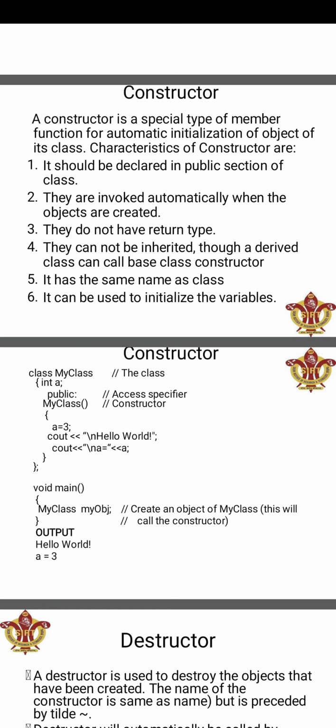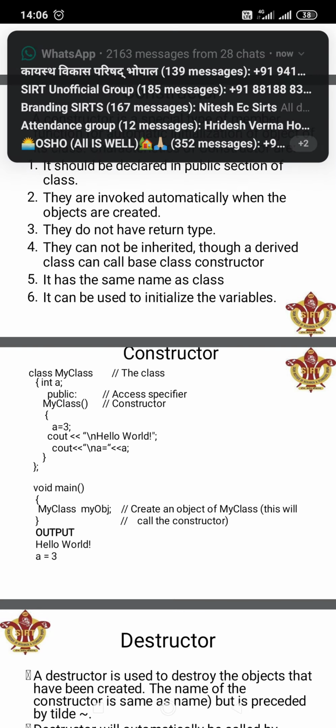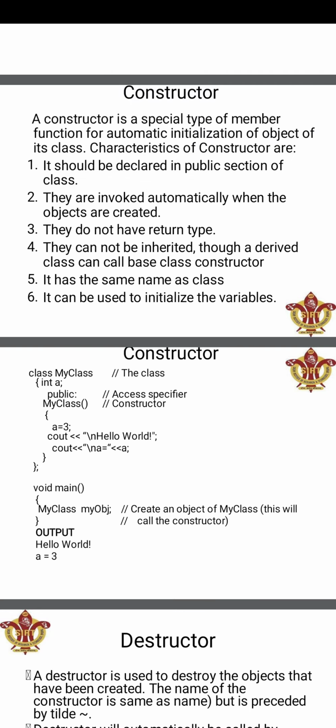If we are using it, then the constructor which we have defined will be utilized, and if we are not defining any constructor, then the compiler will automatically provide one default constructor. So there are basically two purposes of the constructor.